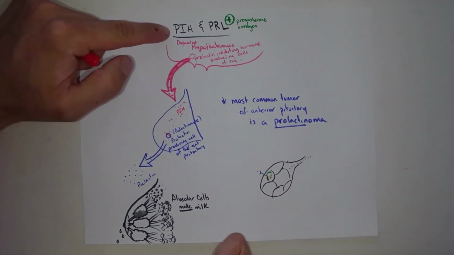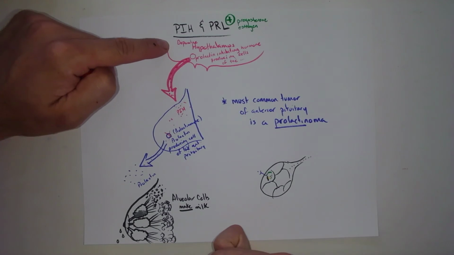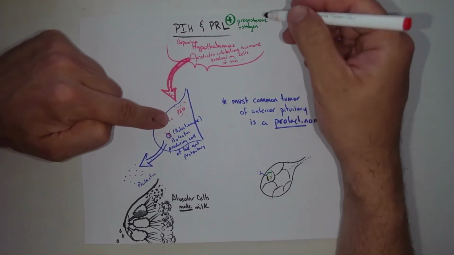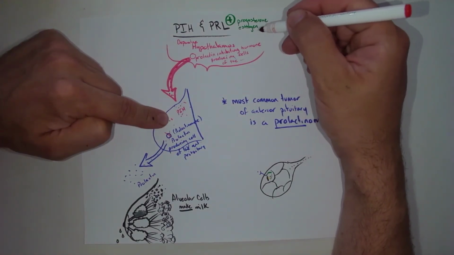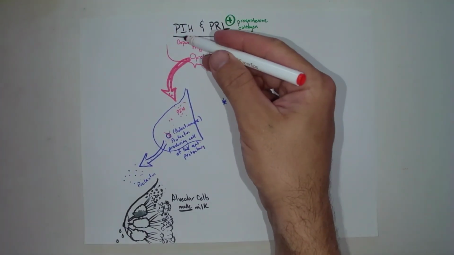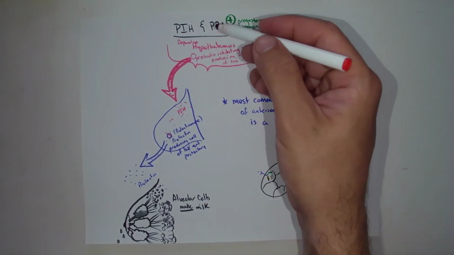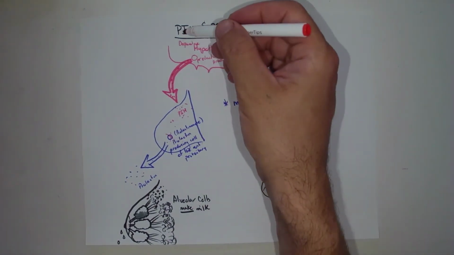Now, what's going to stimulate the release of PIH? Well, that would be lack of progesterone or lack of estrogen. What's going to reduce PRL? Well, that's PIH.